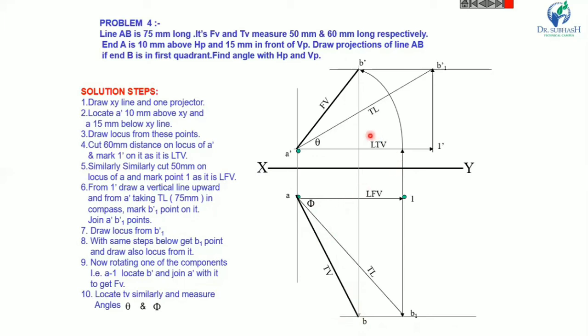So by this way you can solve this problem, and this theta and phi, these are the inclination of true length with HP and VP. So measure this angle. So these are our answers.